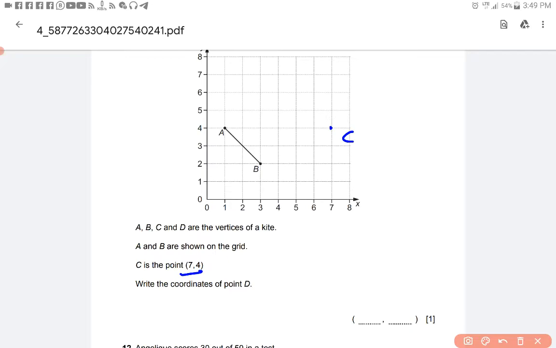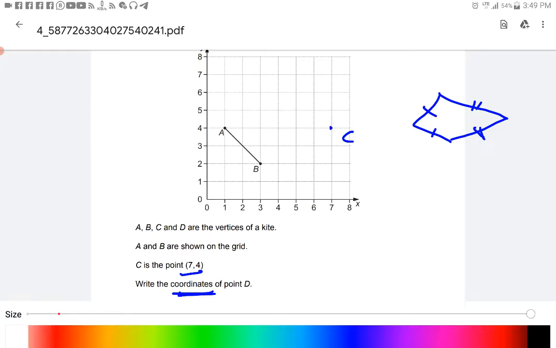Then to write the coordinates of D, at first represent it. We know the kite has 4 sides. 2 short sides are equal and 2 long sides are equal. If you draw the 2 diagonals, the long diagonal bisects the other diagonal into 2 equal parts.